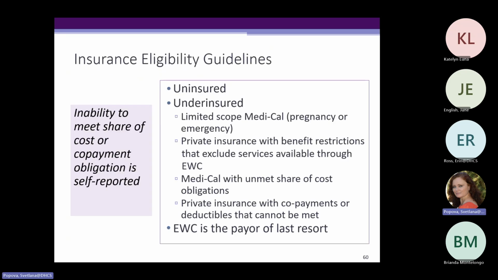So we already talked about insurance eligibility and guidelines. People who are uninsured, it's kind of clear cut. Underinsured people may have limited scope Medi-Cal, such as pregnancy or emergency. They may have usual private insurance with some benefit restrictions that exclude some of the services that are available through EWC. They can belong to Medi-Cal with an unmet share of cost, or private insurance with co-payment and deductibles.